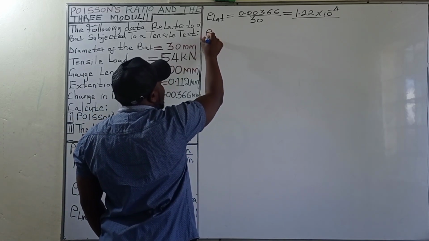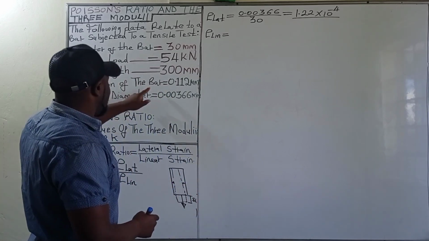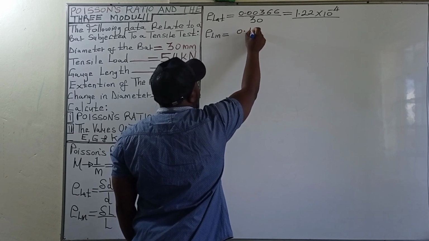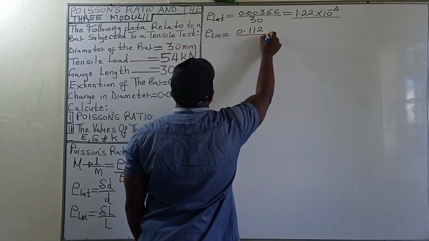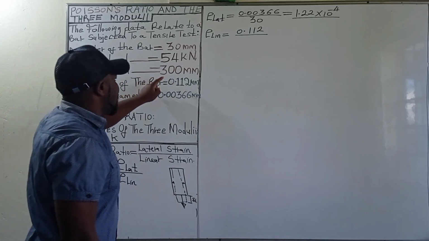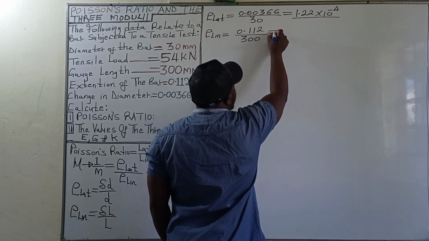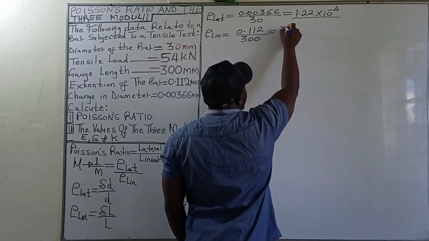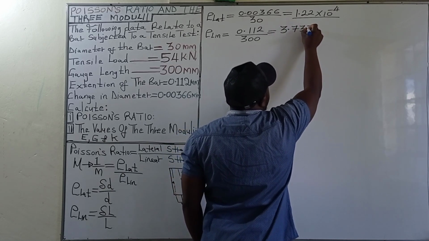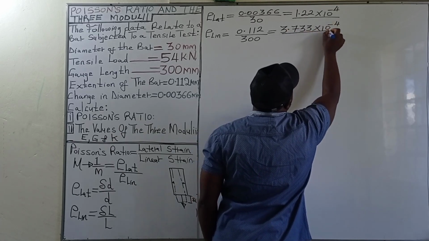Linear strain, on the other hand, will be equal to the change in length, the extension of the bar, 0.112 millimeters, divided by the length of the bar, that is the gauge length, 300 millimeters. So we divide this by 300 millimeters, and this is going to give us a strain of 3.733 times 10 raised to the power of -4.